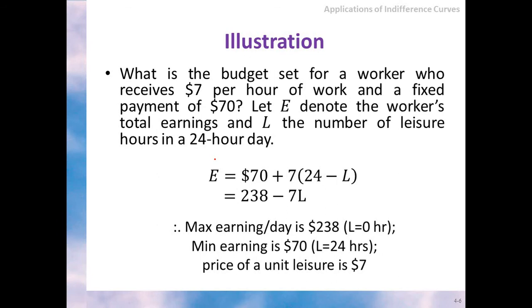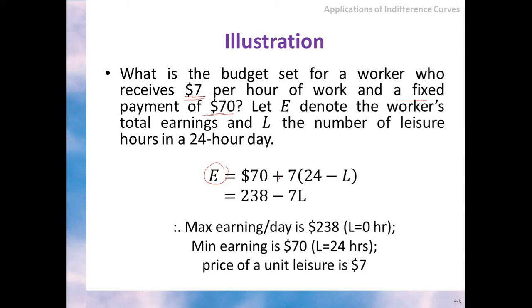The choices can also be illustrated using this equation, in which in this example, E is the worker's total earning. In this illustration, the salary is $7 per hour, and this worker receives a fixed payment of 70.